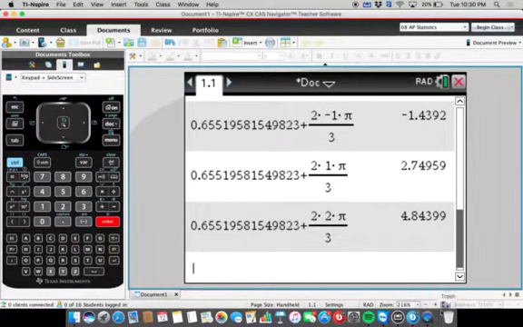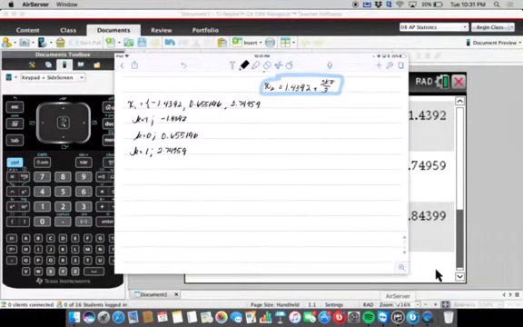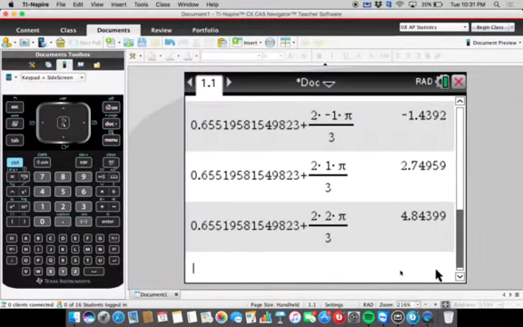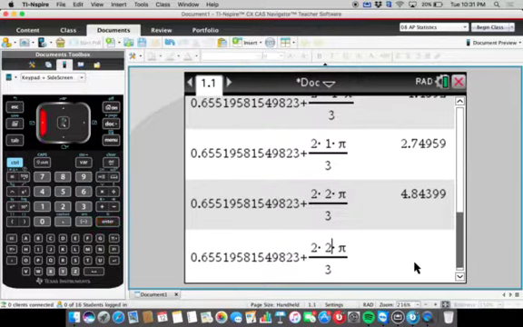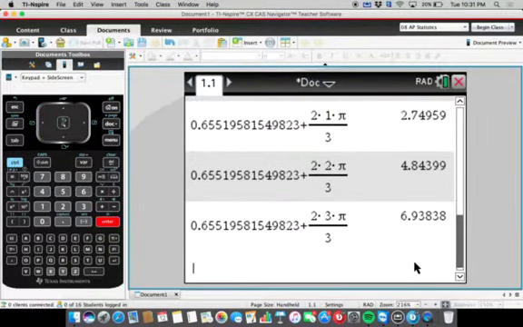That one's also going to work. If we check the next possible solution, when k is equal to 3, you get a value that is above 6.28, so that value doesn't count.